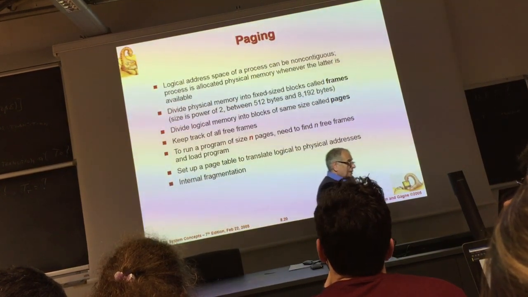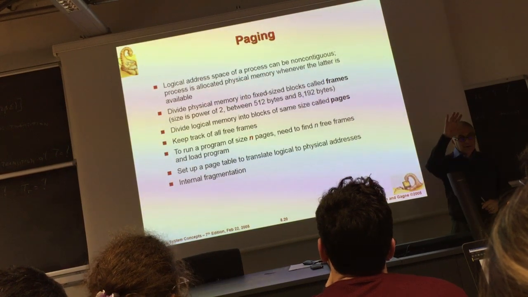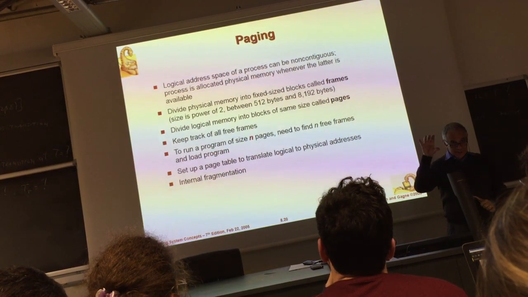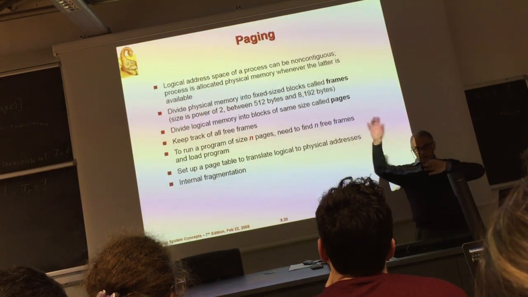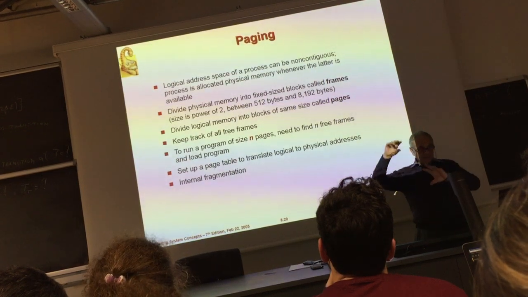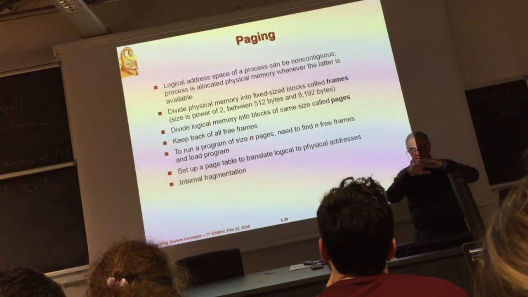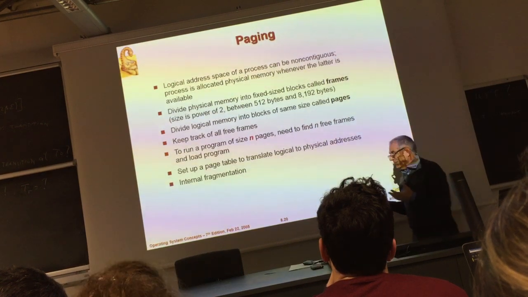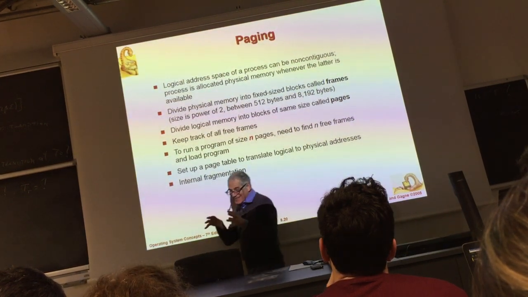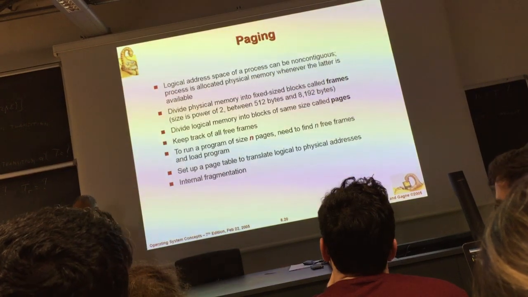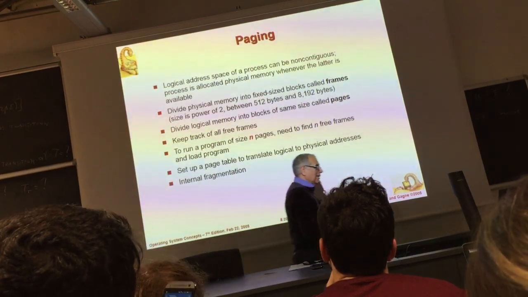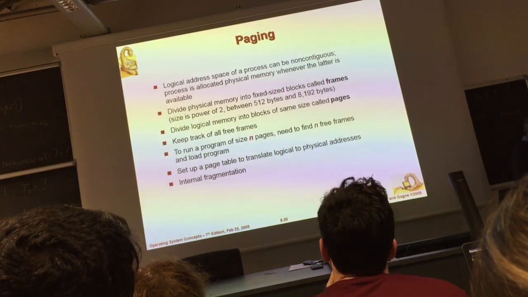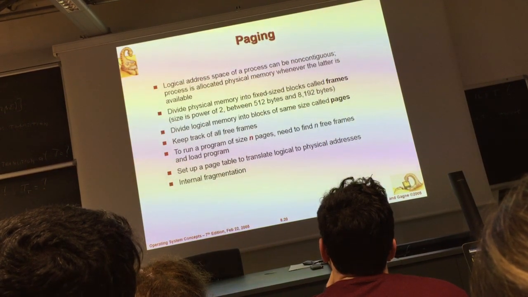So it's like having my program divided in small pieces of the same dimension, and I can put these pieces in memory in different frames, not contiguously. Okay? Since these tiles are all of the same dimension, you can put them wherever you want. Okay, so the concept of paging is the same dimension and power of 2, we will see why.